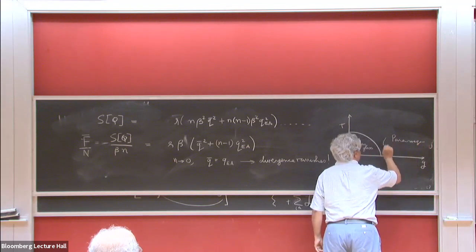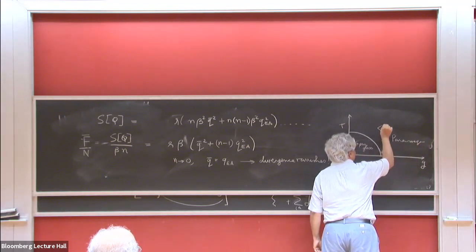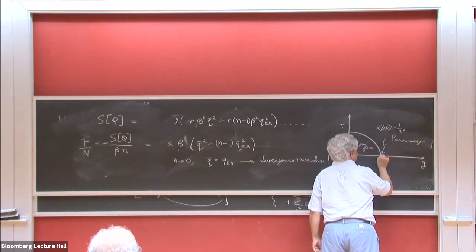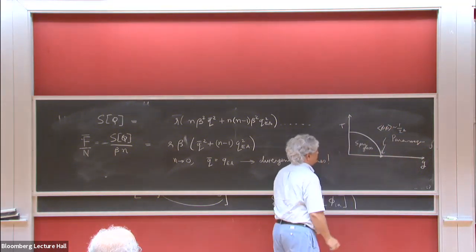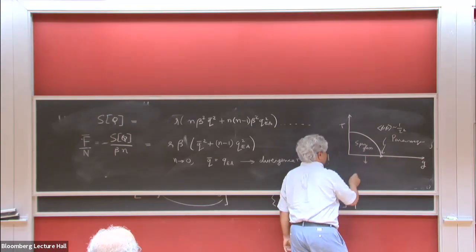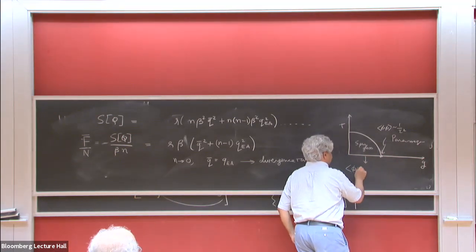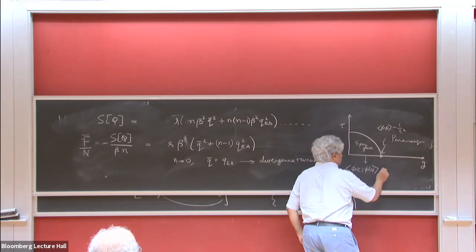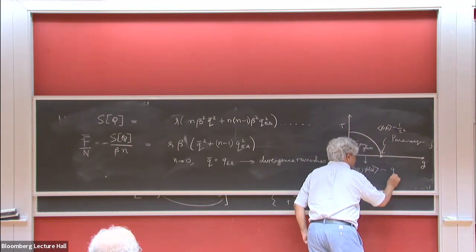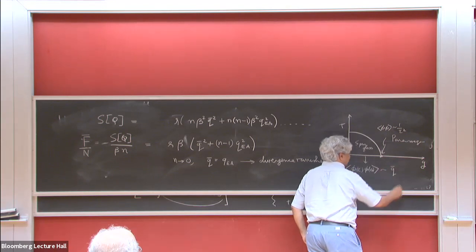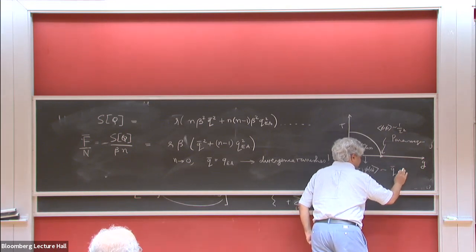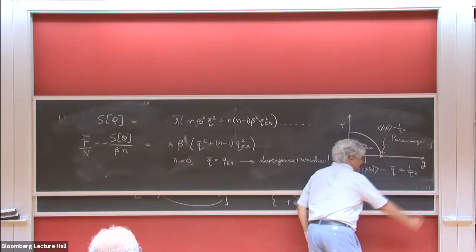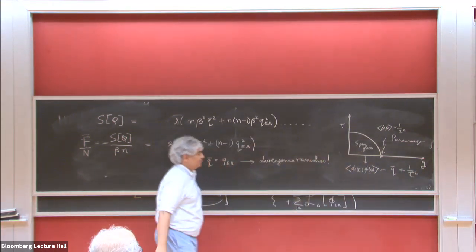And what we had found was that the phi-phi correlation function decays as 1 over tau squared at this point, at the critical point. And then here, what you find is that phi of tau, phi of 0, goes at long times as a constant, Q bar, plus, again, 1 over tau squared. So that's the basic result.